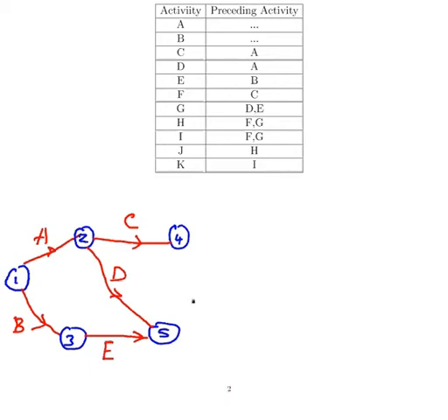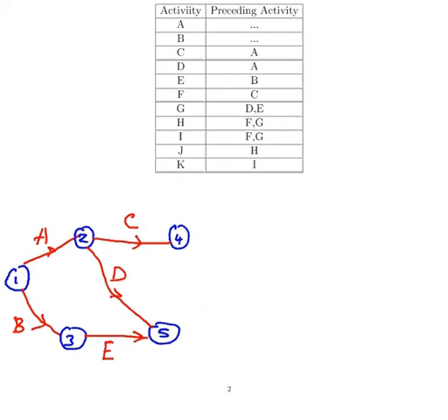So we're down to F and G now. Let's read forward a second and see what depends on F and G. Well, activities H and I both depend on F and G being completed.